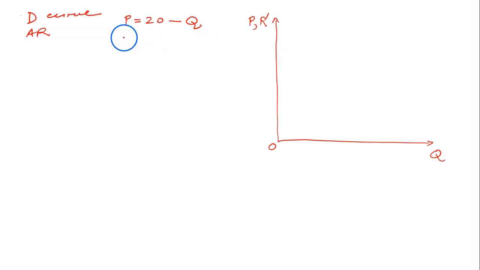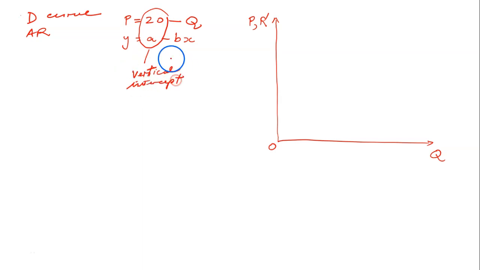You remember a linear equation is y equals a minus, could be plus, bx. And this here is the vertical intercept, and this here, there's secretly a 1 there, is the slope.